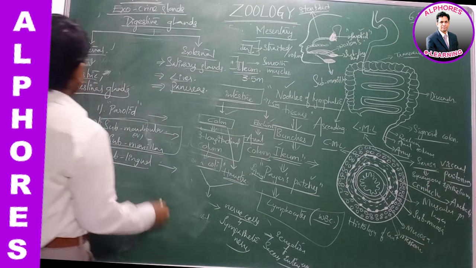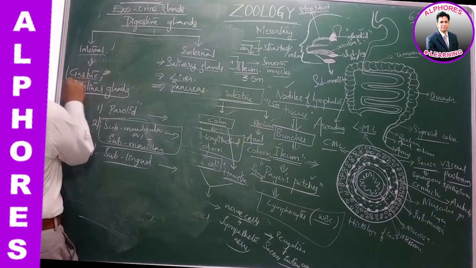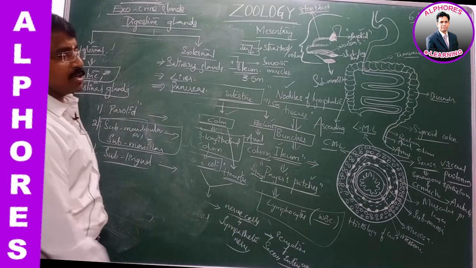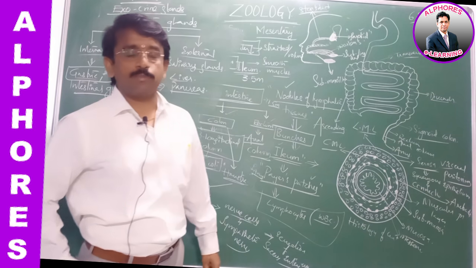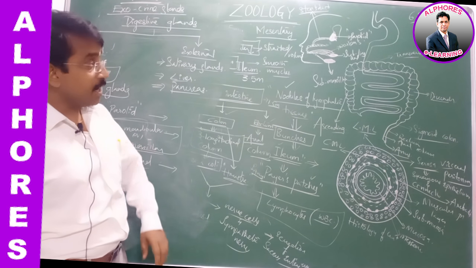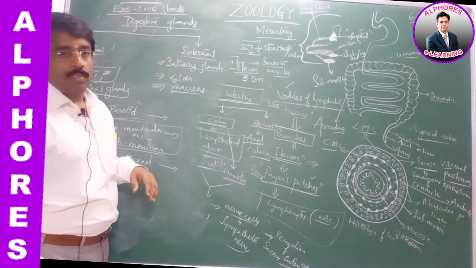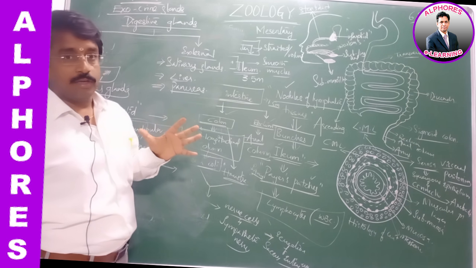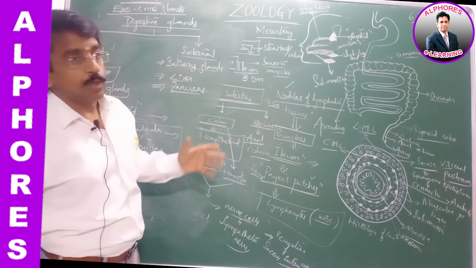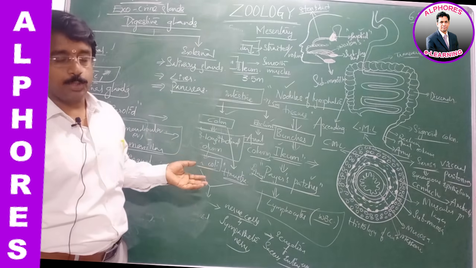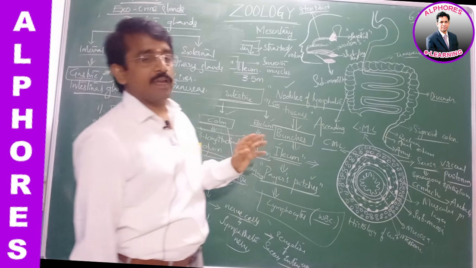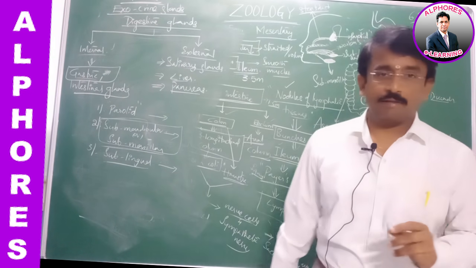Next, gastric glands. Gastric glands are the glands present in the stomach. According to the regions, they are named. Basically, the gastric juice is highly acidic.